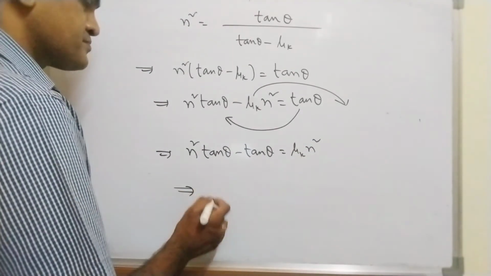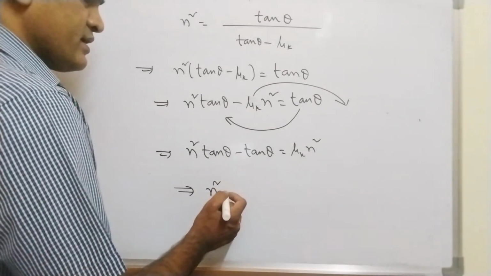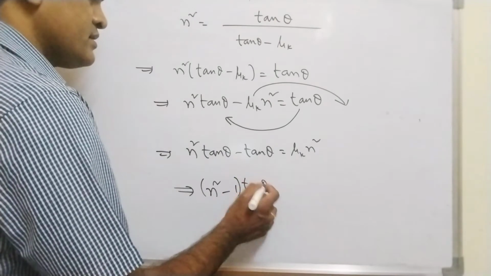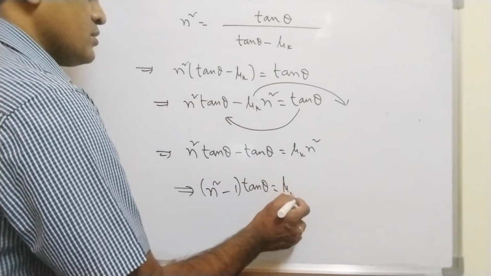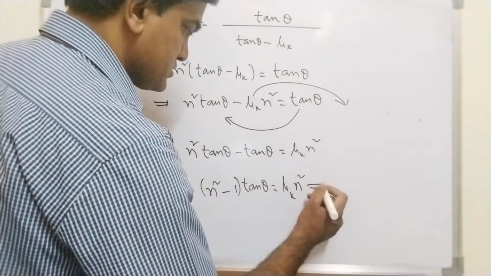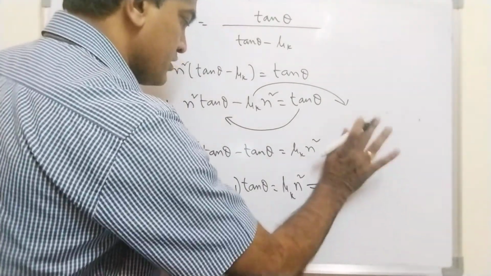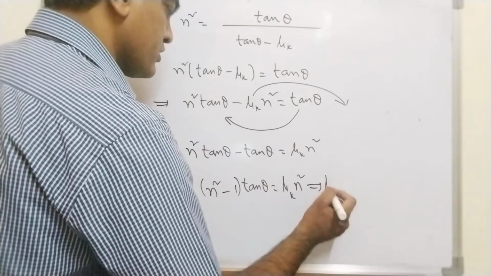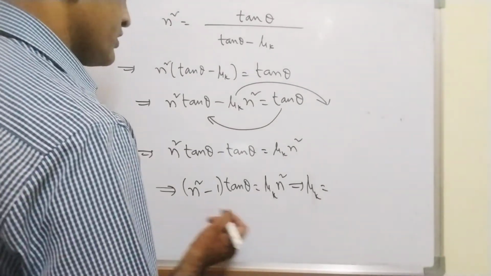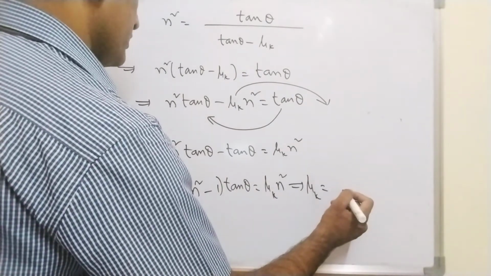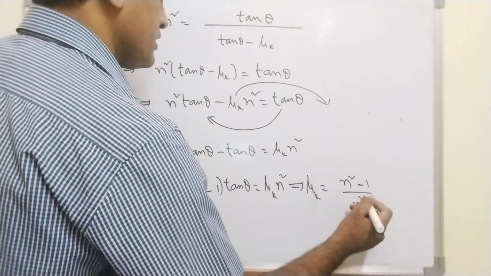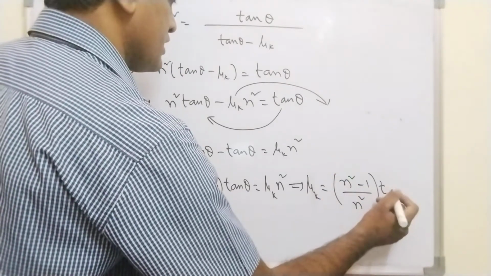From this, if you take tan theta as common, n square minus 1 into tan theta is equal to mu k into n square. Now from this, mu k or simply mu, you can write mu k as mu also. Mu k is equal to n square minus 1 upon n square into tan theta.